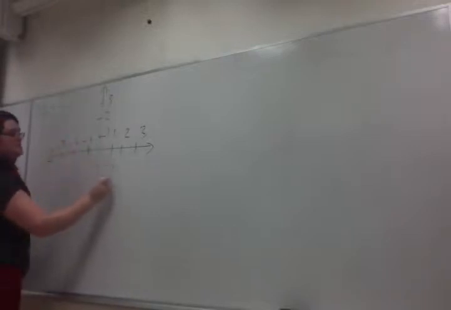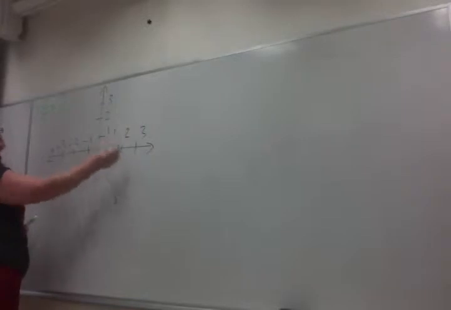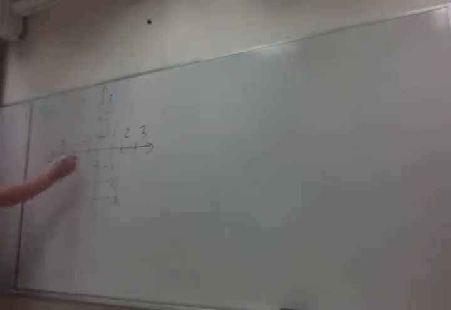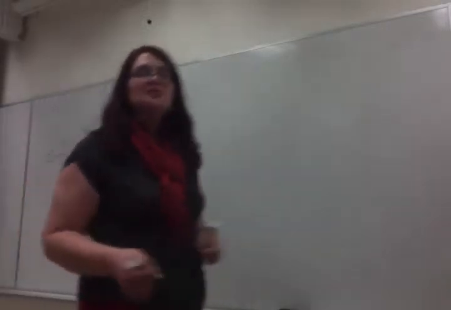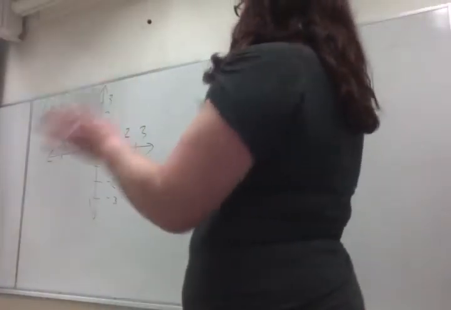I always label them 1, 2, 3, and -1, -2, -3. Again, the scale might not be just 1, 2, 3. It could be 10, 20, 30, or 100, 200, 300, depending upon how big the coordinates are. These ones will all fit in the 1, 2, 3 scale, so that's great.